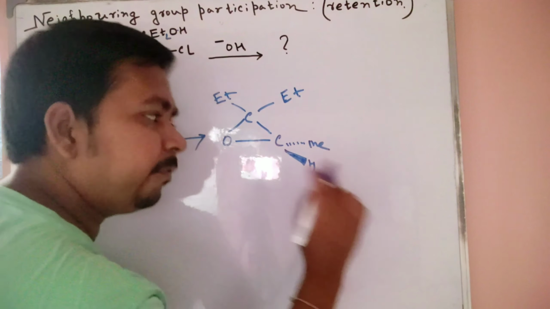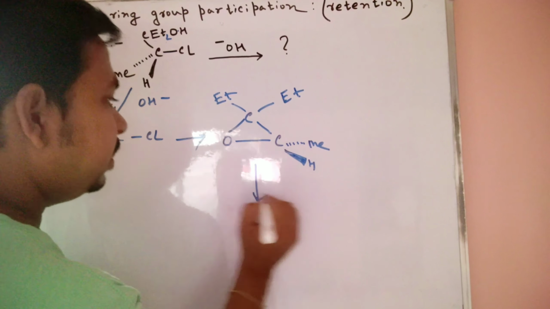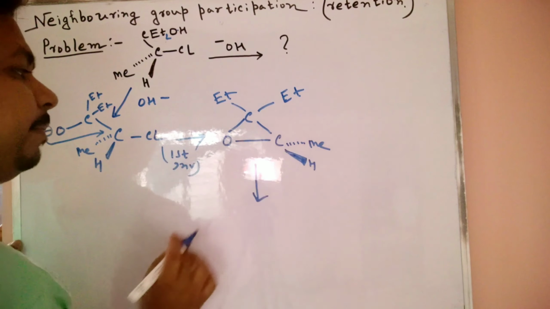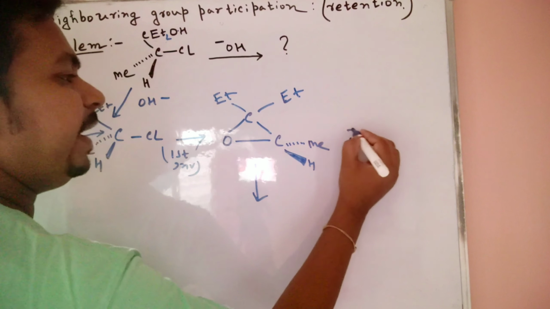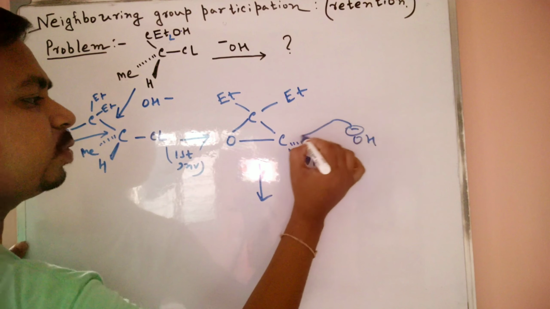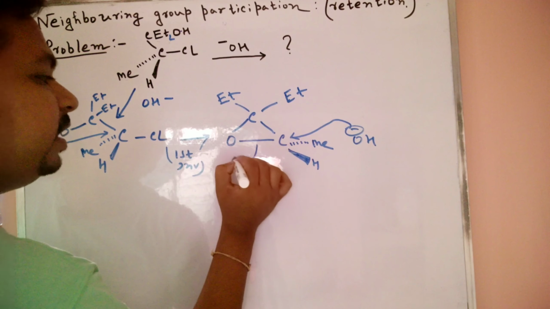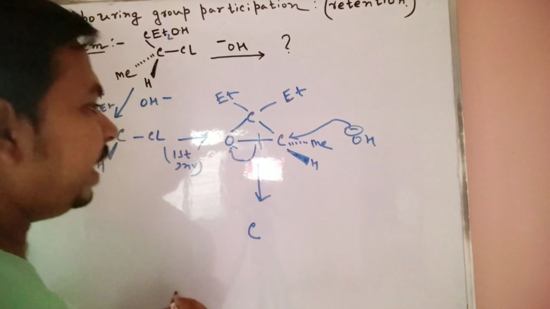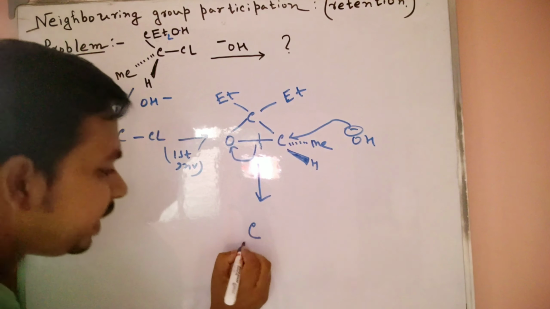So the inversion of product is Me. After formation of this product, this is the first inversion, and the second step is that OH minus attacks from this side. So this bond is broken. After OH minus attacks, this one is inverted.